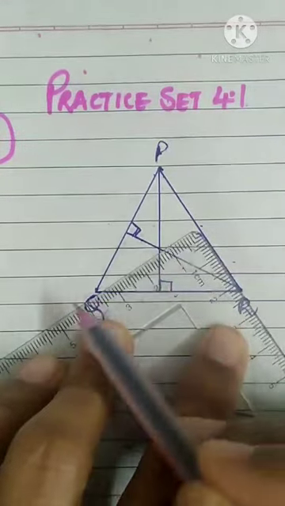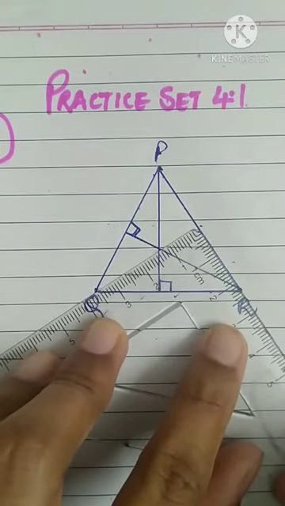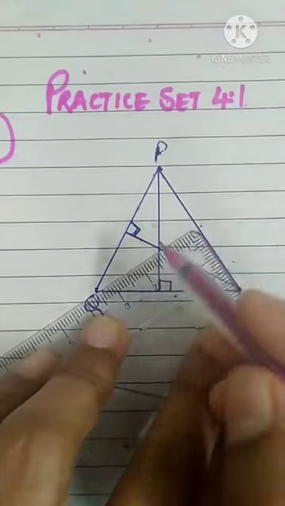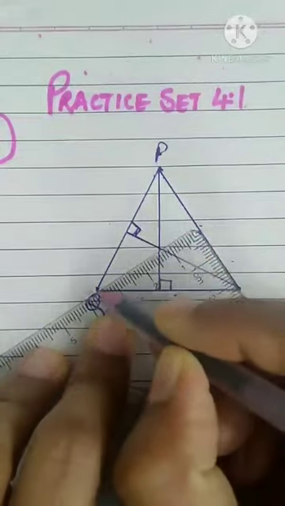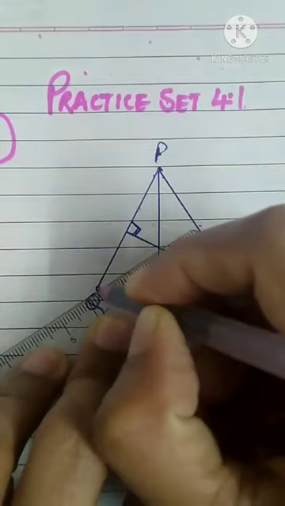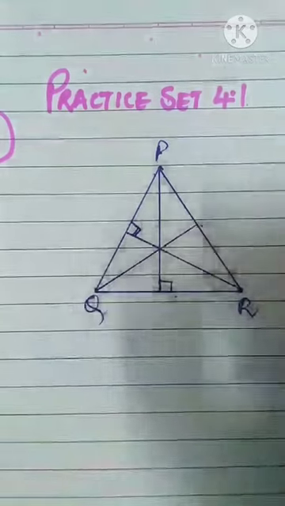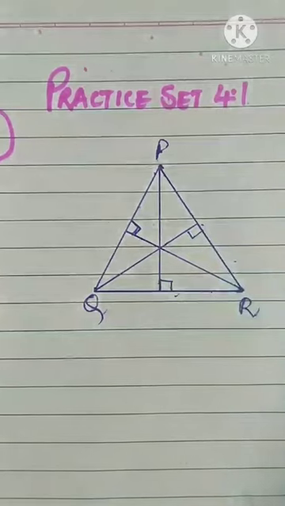See, this side is passing through Q. So practice will give you better results. Okay, so it is touching PR. Yeah, now it is correct. See, it just touched the vertex. Now draw the altitude and complete it. As you can see, we got our third altitude.